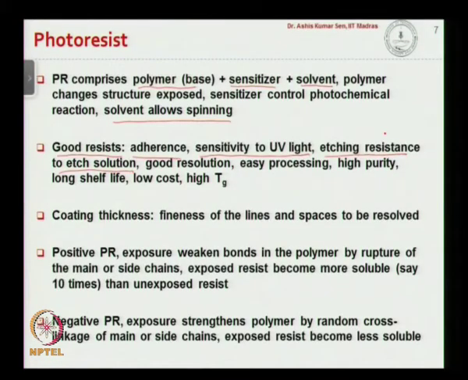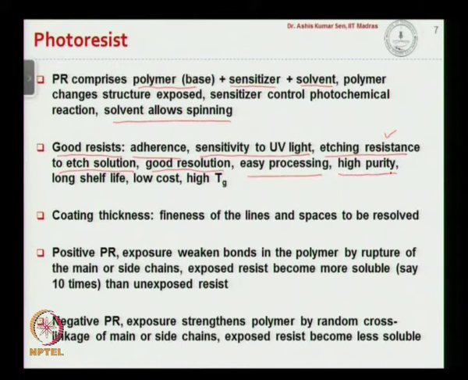So it needs to exhibit good etching resistance to the etch solution, needs to have good resolution to create finer and finer structures, and easy processing: we should be able to process the photoresist easily.